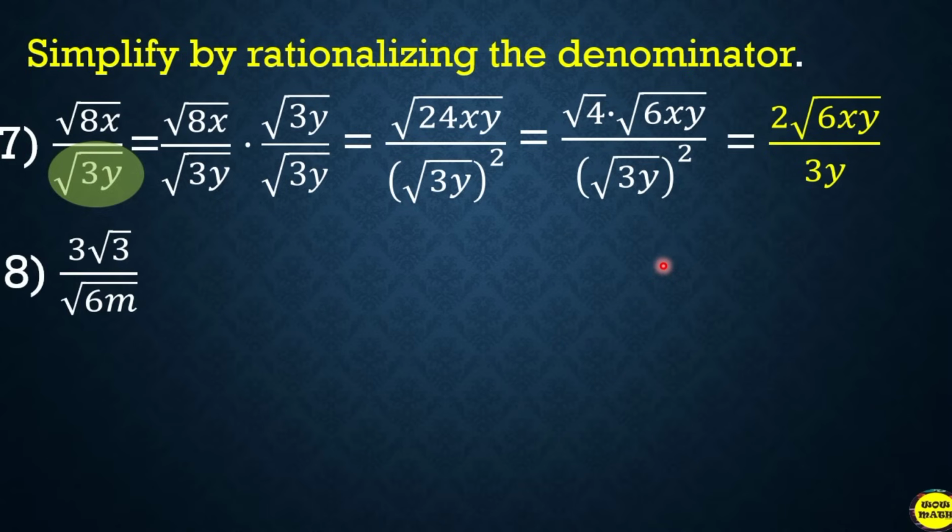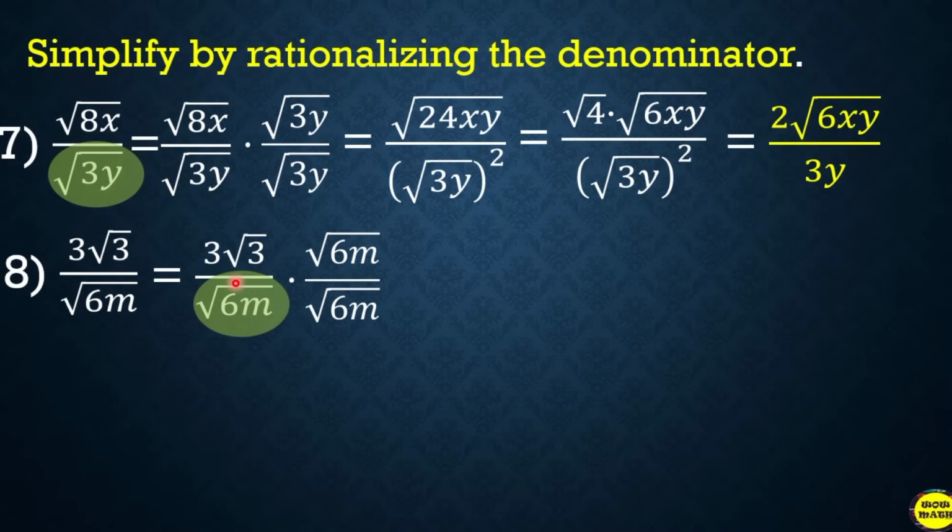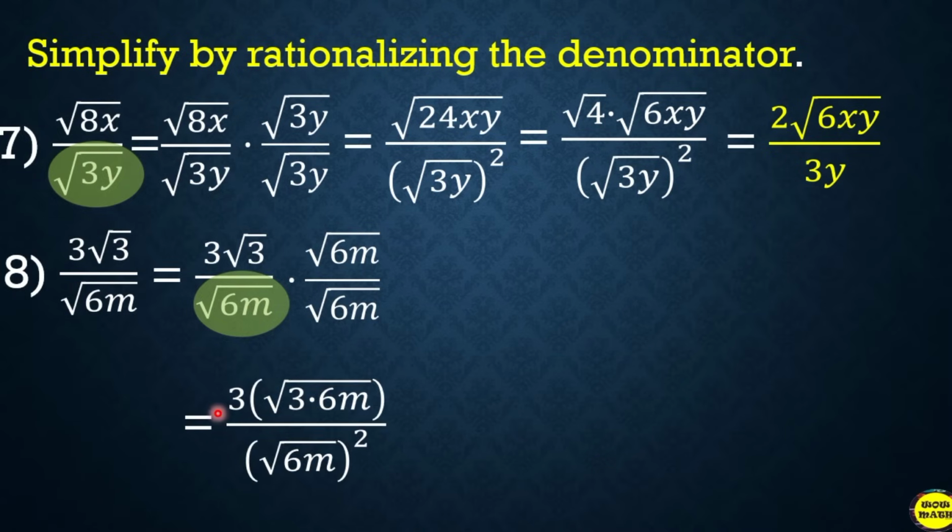Next, number 8. We have 3 square root of 3 over square root of 6m. Okay, so multiply natin both numerator and denominator by square root of 6m. So, 3 square root of 3 times square root of 6m. The answer is 3 times the square root of 3 times 6m. Okay, so baka nalito kayo. So, may 3 tayo dito sa labas.